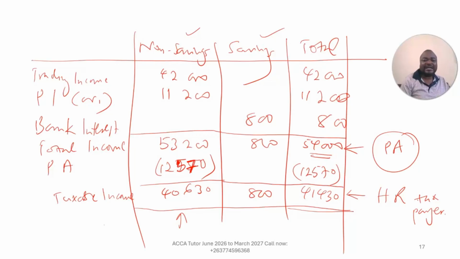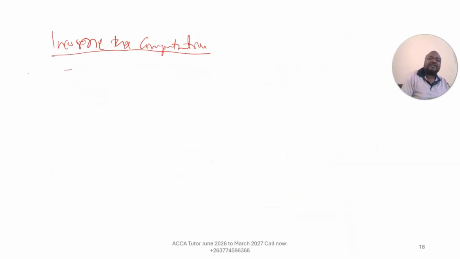But we can see that this 40,000 relates to both the basic rate as well as the higher rate tax band. So we then have to come here and say non-savings income, basic rate.